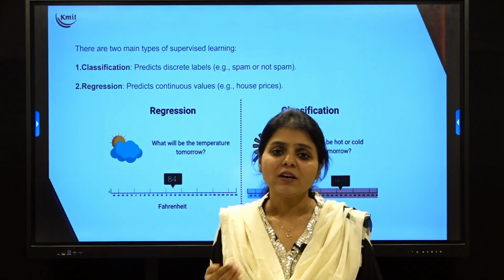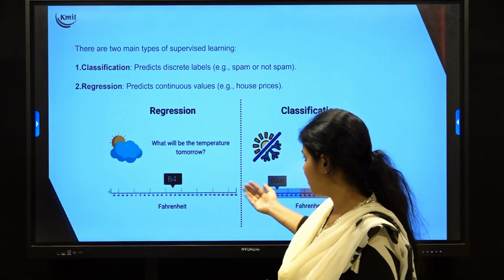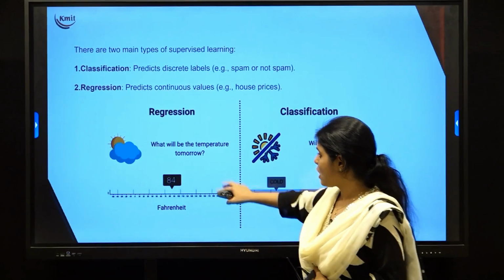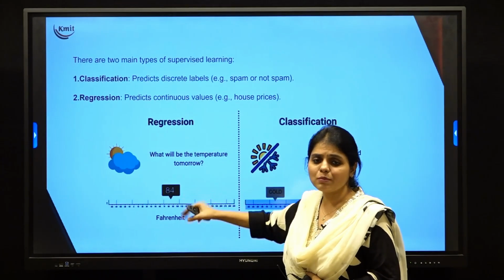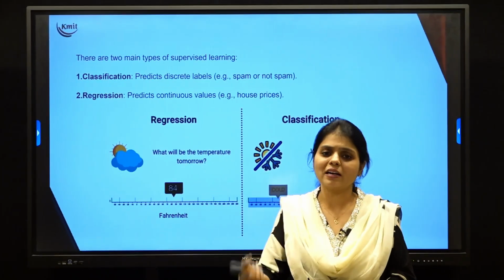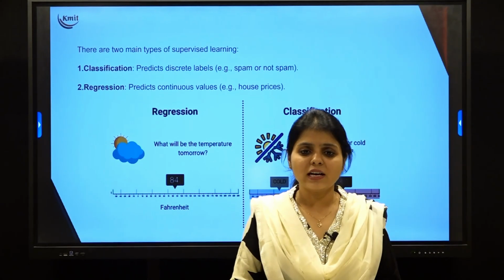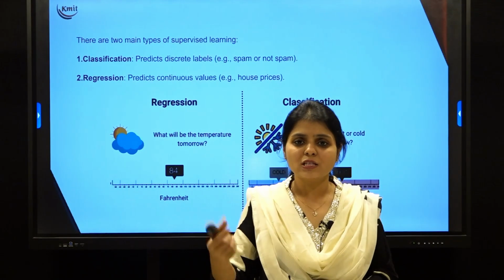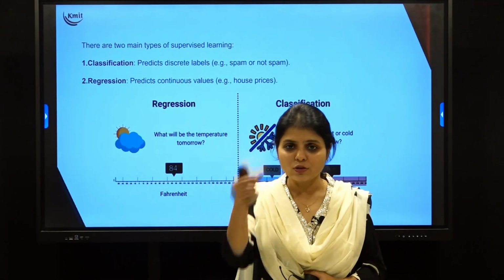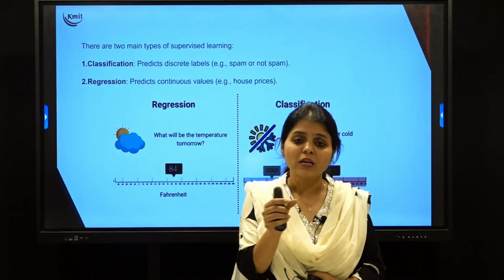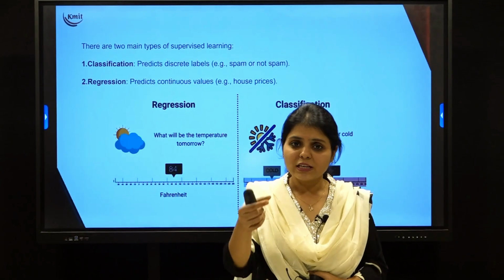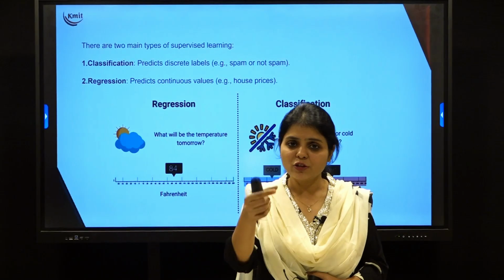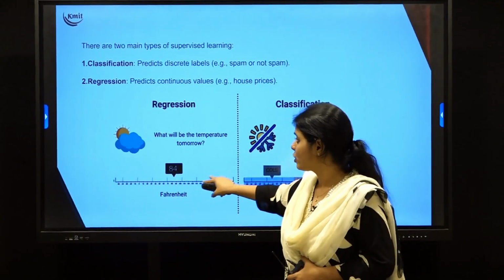For example, in temperature prediction, the output is in degrees, Fahrenheit or Celsius. When I ask what the temperature today is, your answer could be 34 degrees, 40, 41, 42 degrees. We have continuous values at different times, right? So for this kind of data, where we have continuous values in the output variable, we go for a regression model.